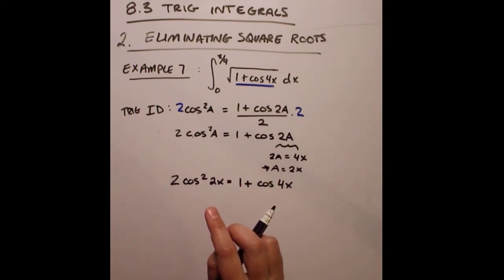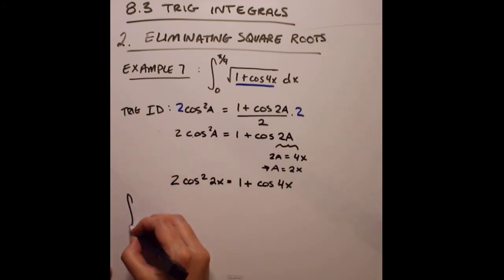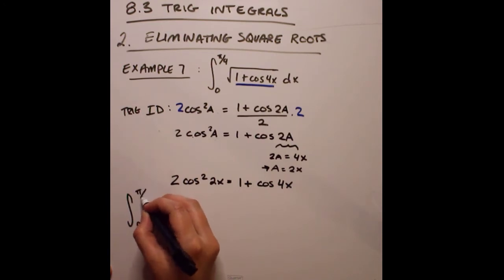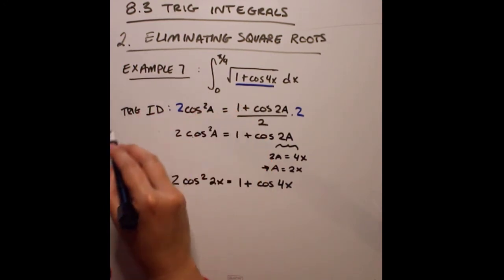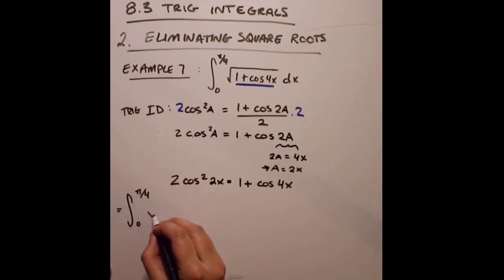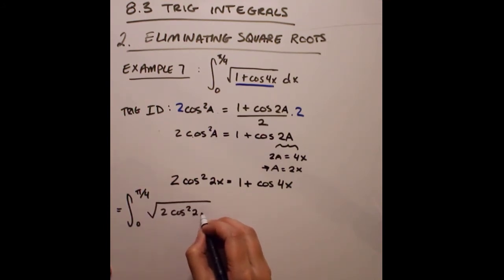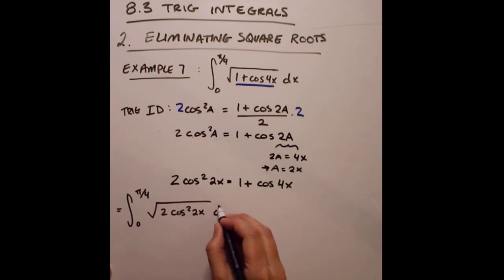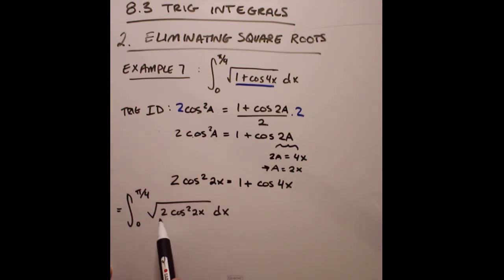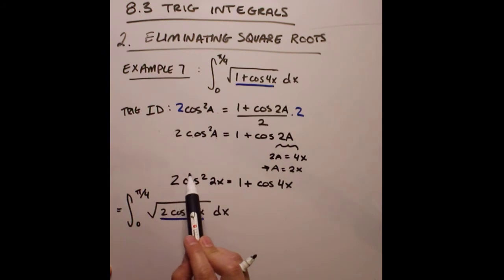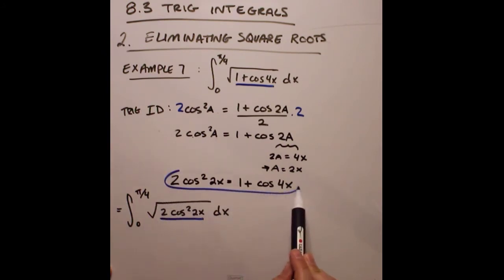Let's just plug this right in. We have the integral from 0 to pi over 4, so this equals the square root of 2 cosine squared of 2x dx, because this matches this from our formula here.